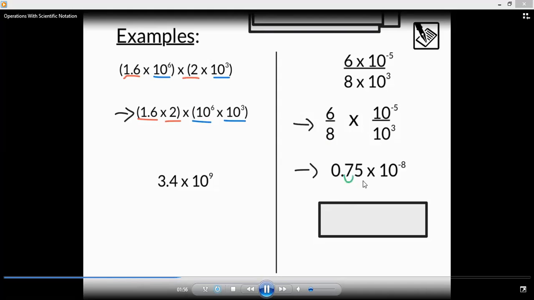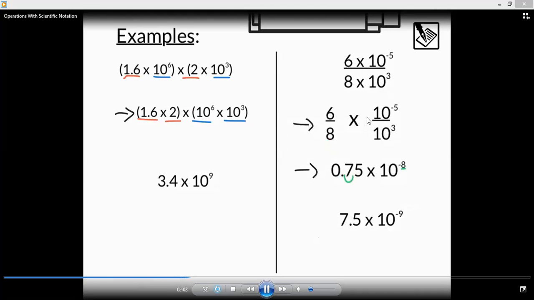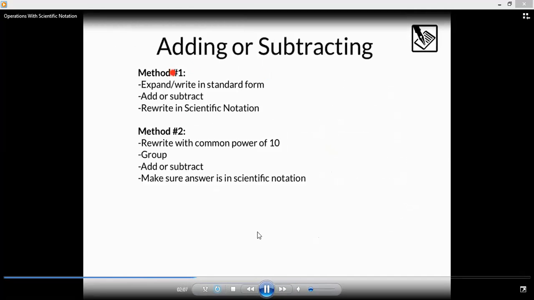Is this one written in scientific notation? For sure not. As I said here, we have to make sure the answer is in scientific notation.